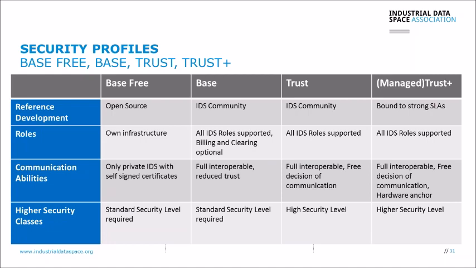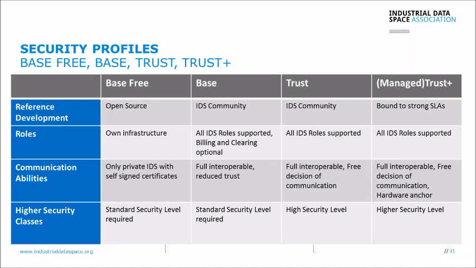The base connector should also support all roles in the IDS ecosystem, but maybe it is not trustworthy enough to support the billing and clearing of data. So this is optional, that when you provide data via the base connector, you support billing for the data. But what you do achieve is the sharing of data. The base-free connector always needs a completely own infrastructure, beginning from the identity provider and the certificate structure, data brokerage, and clearing and billing is completely set up on your own.